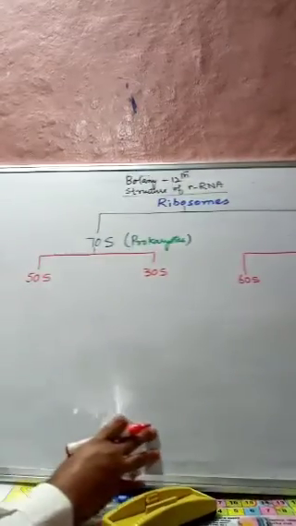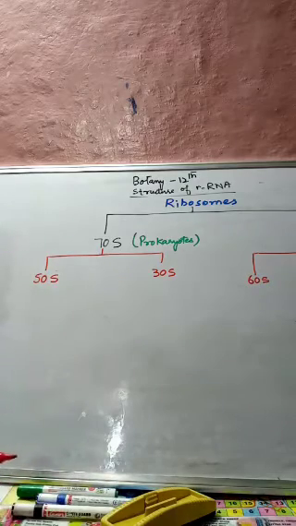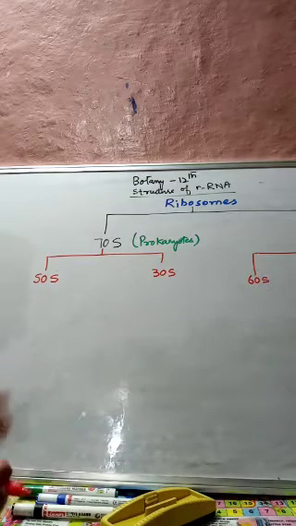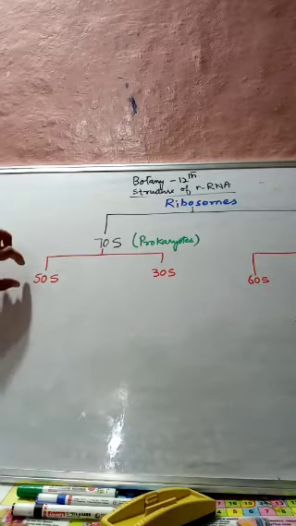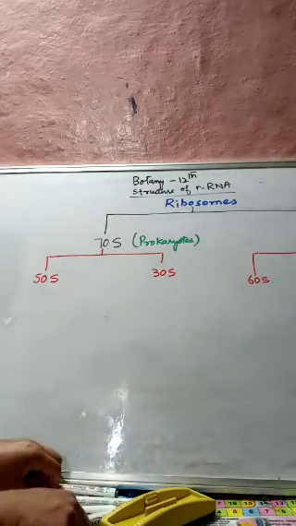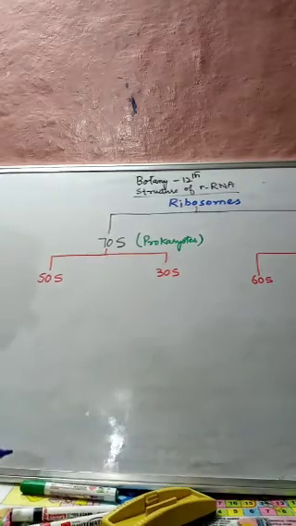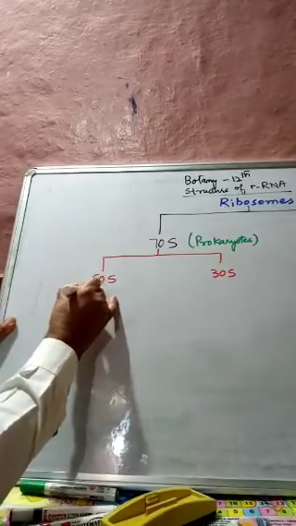Now this rRNA has got different types. When we see the various types, the 50S ribosomal subunit has two different types of rRNA.